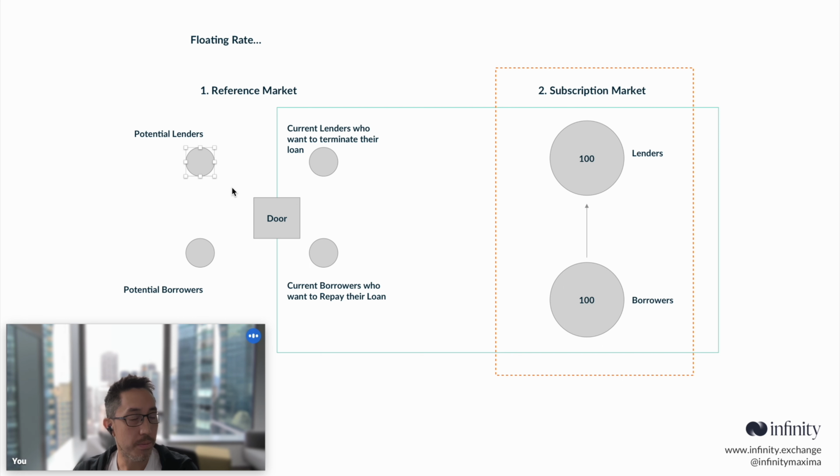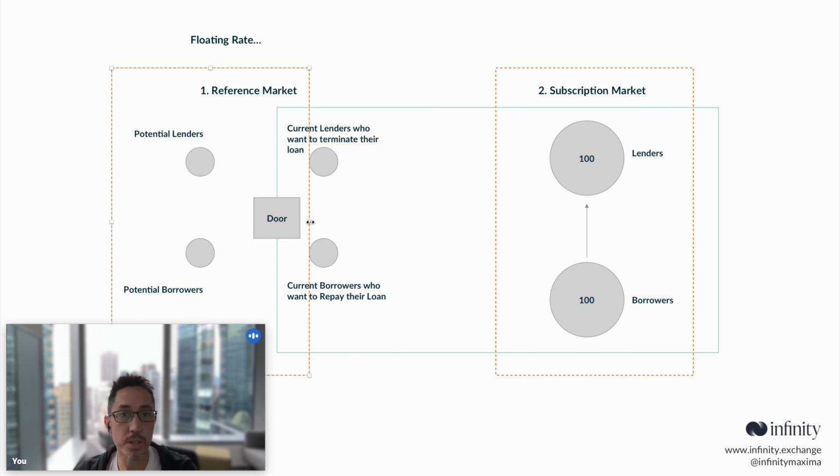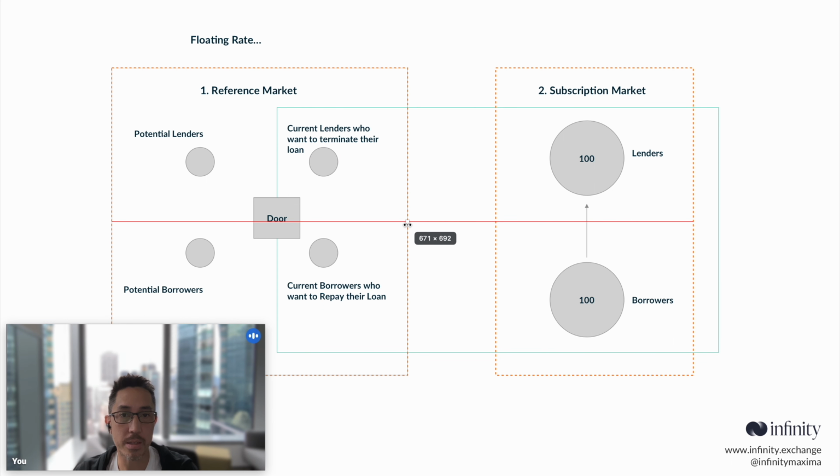So this is effectively our two-market model. It is far more efficient. In the future we'll probably discuss some of the mechanics around how exactly the rates move within this context. But what this is modeled after is effectively just the TradFi market.